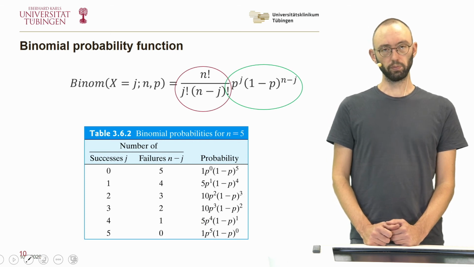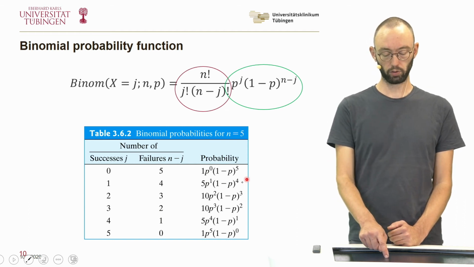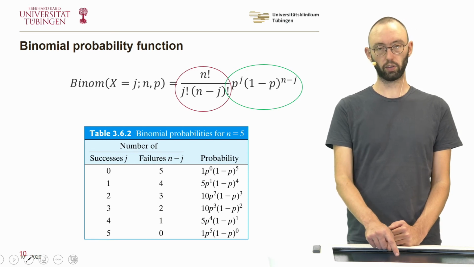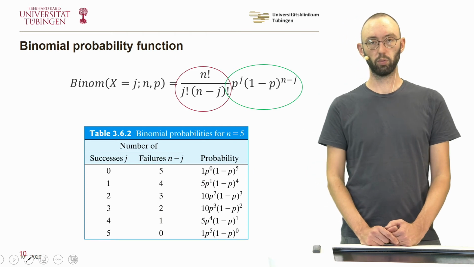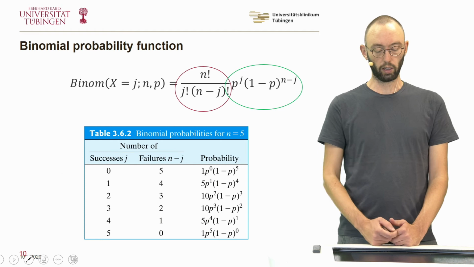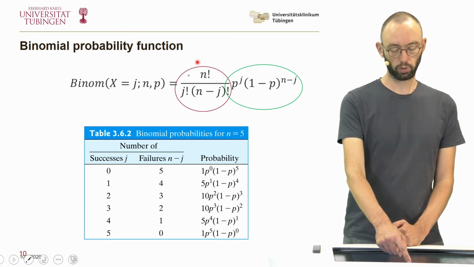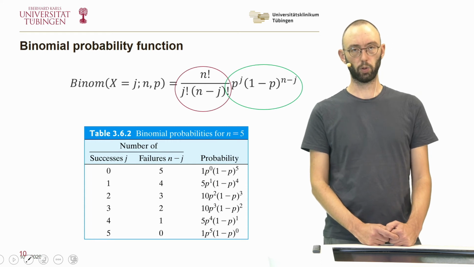Now, if we observe just 1 success and 4 failures, these can be arranged in many different ways. The latter part of the probability calculation in this case is clear: p to the 1 and 1 minus p to the power of 4. So how do we get this 5? We get it by computing the binomial coefficient for n equals 5 and j equals 1.